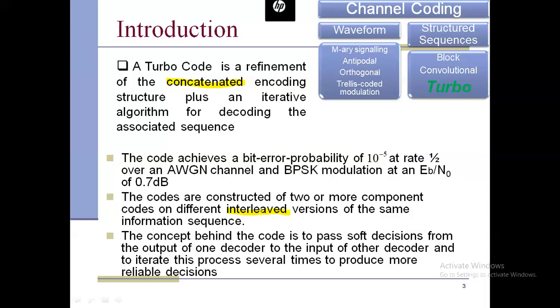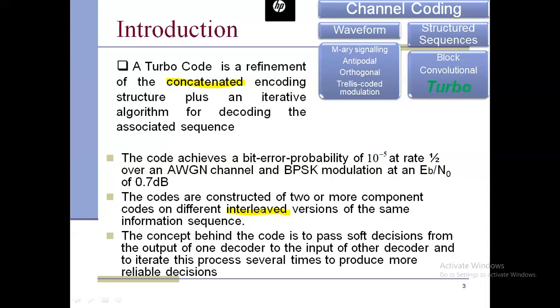So we have a hard decoding. That is soft input, but hard output. But in the turbo decoding method, we have soft input and soft output. So it means that the output will be fed back to the decoder and it will improve the level of confidence of the decoding method.